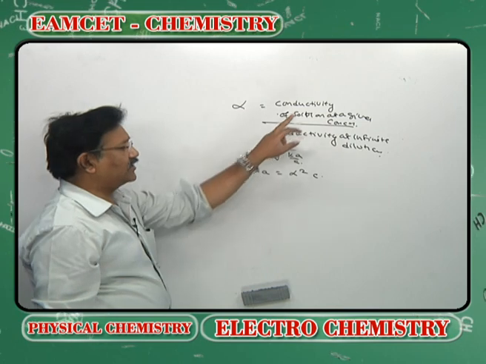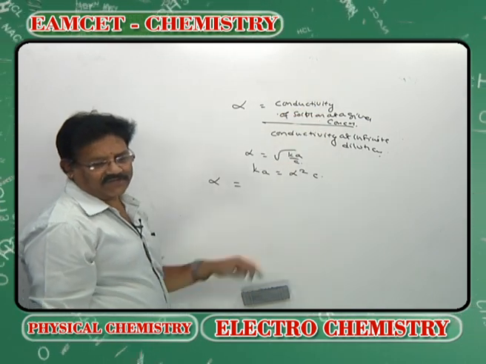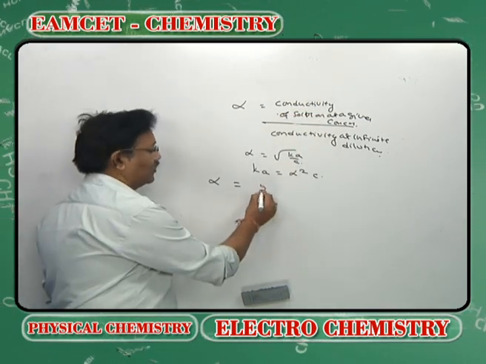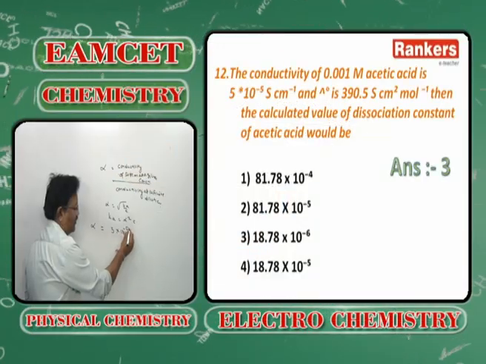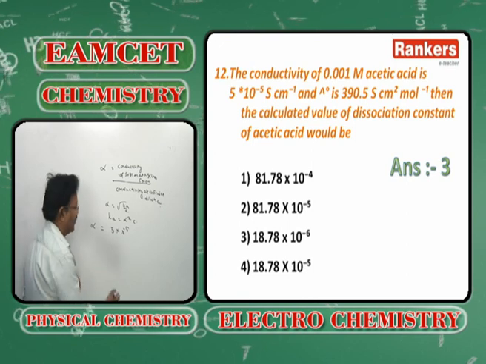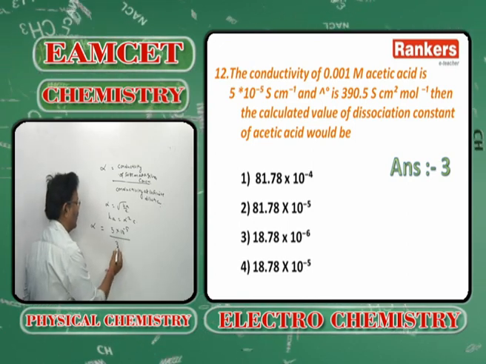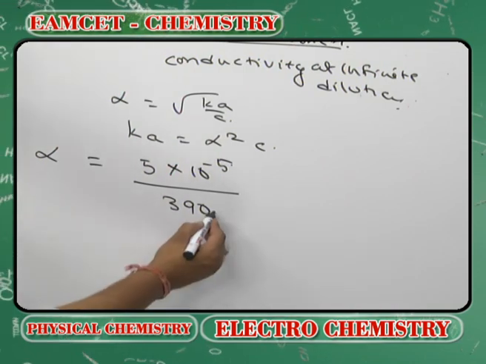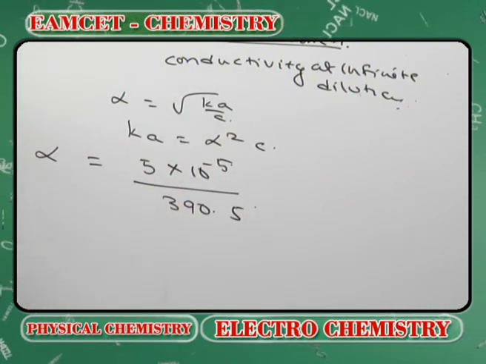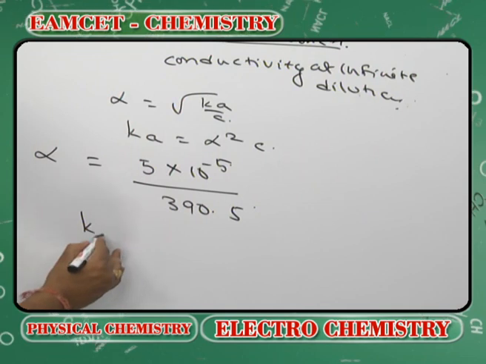How to calculate the alpha value? Conductivity at a given concentration is 5 into 10 to the power minus 5, by 390.5. This is the alpha value. How do you get the Ka value?